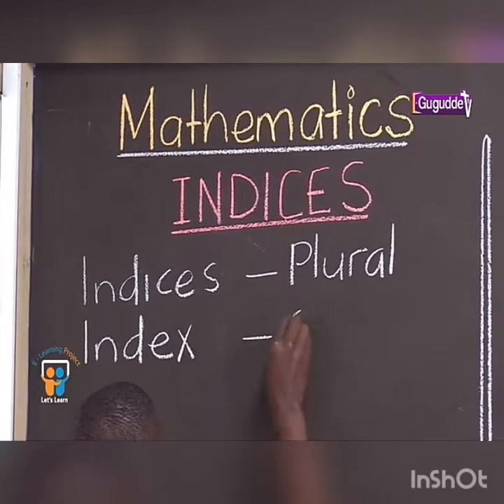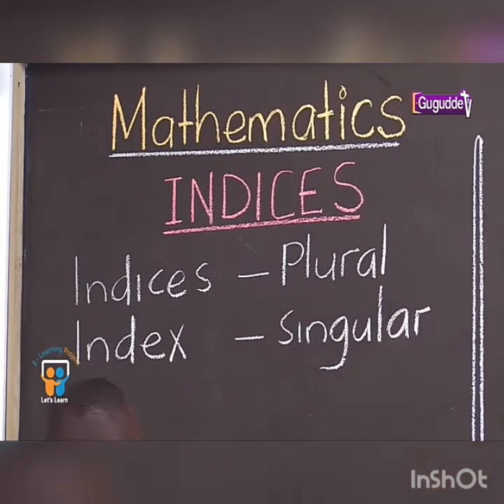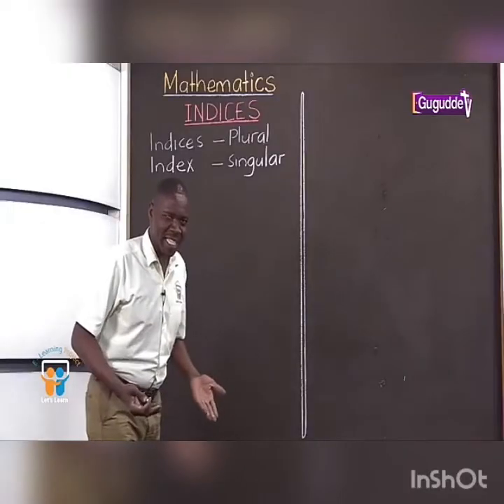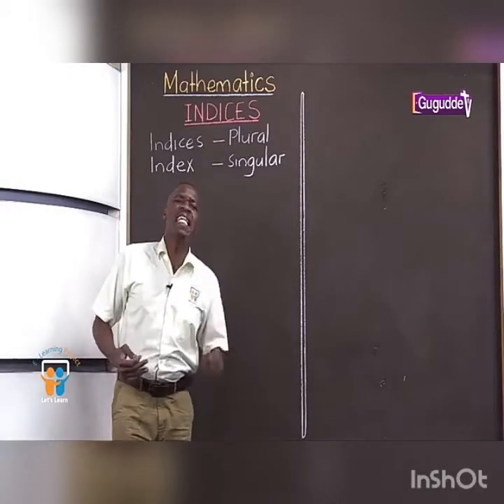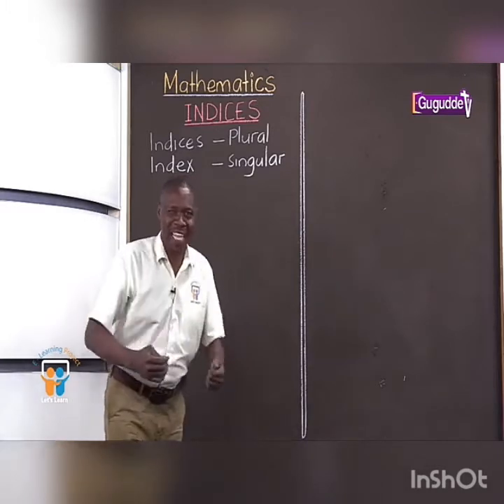This is the singular form. So when there are many, it is indices. When it is one, we say it is index. But what are indices?